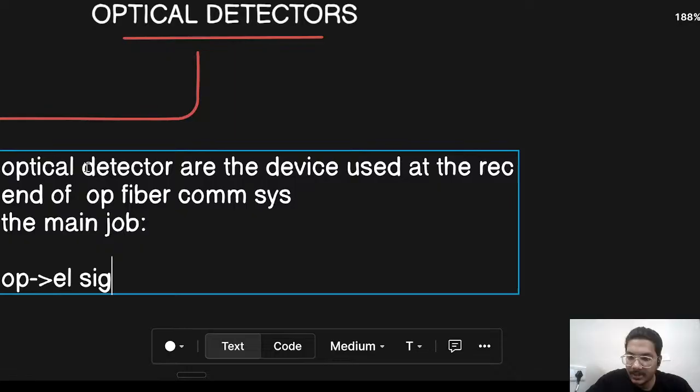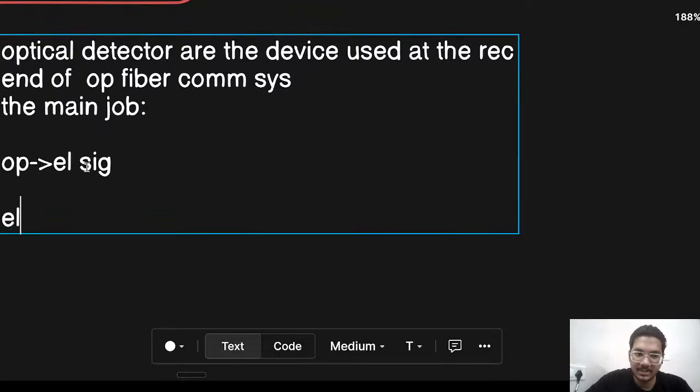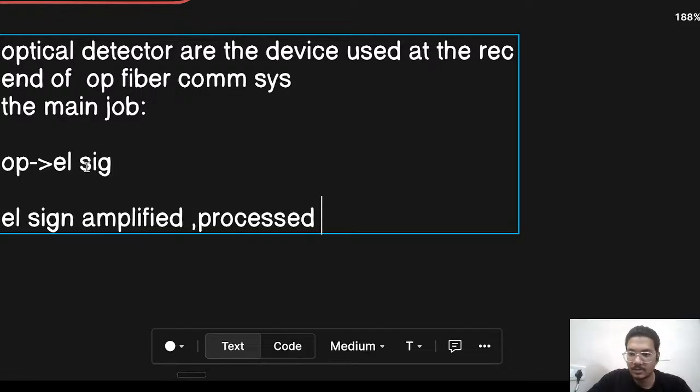This electrical signal can then be amplified, processed, and demodulated.